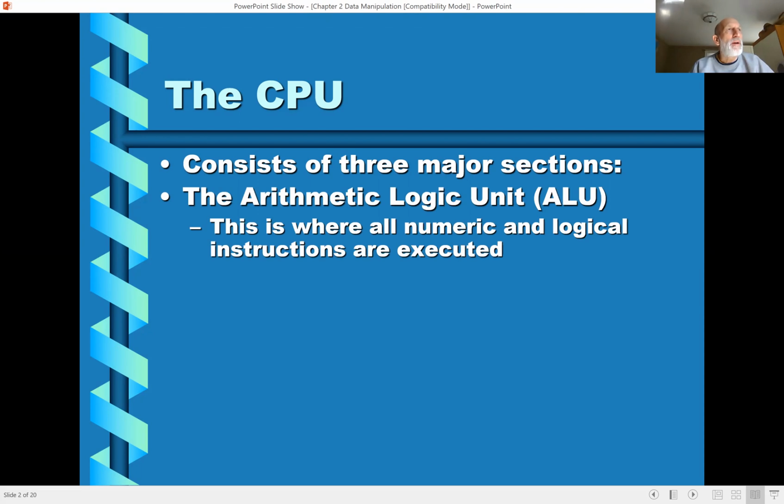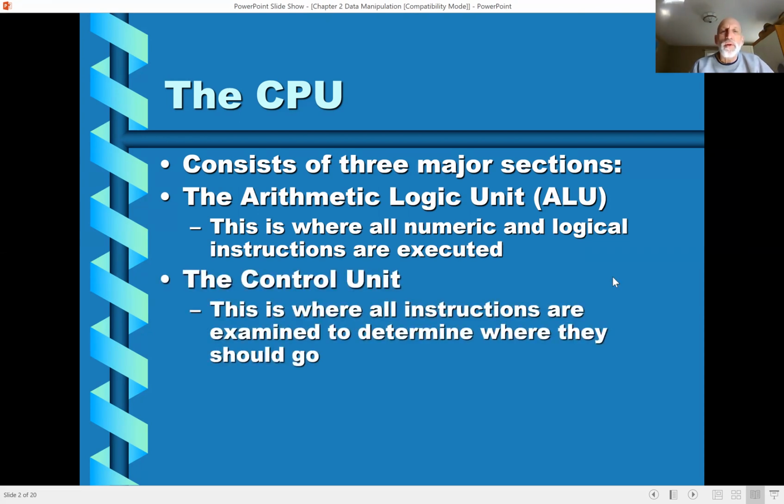Simple addition of binary numbers is performed in the arithmetic logic unit. The control unit is kind of the gatekeeper to the CPU. When an instruction comes in from memory, the control unit examines it and determines where it should go. Should it go to the arithmetic logic unit? Should it go perhaps somewhere else on the motherboard?